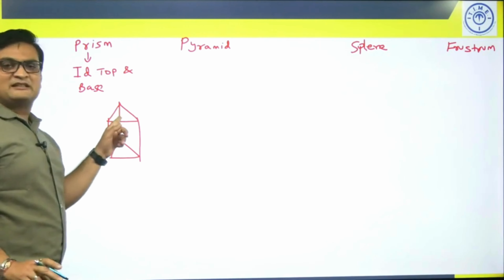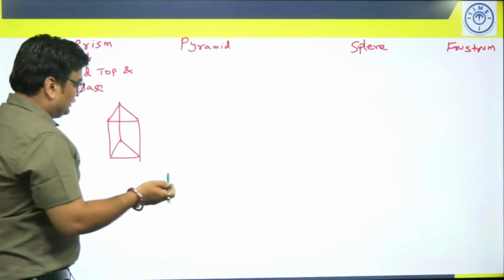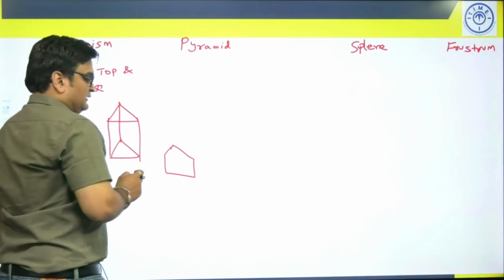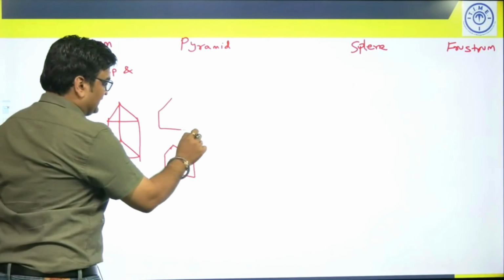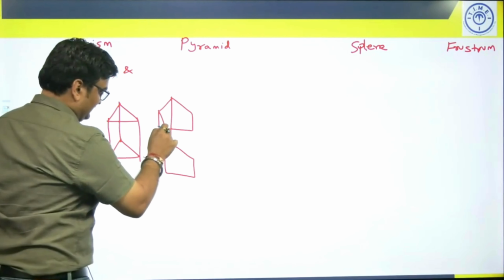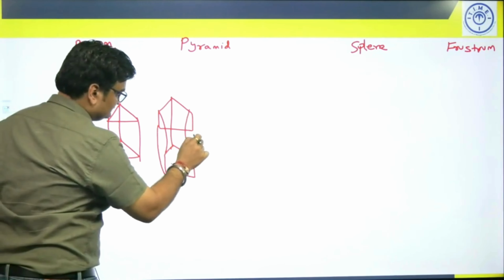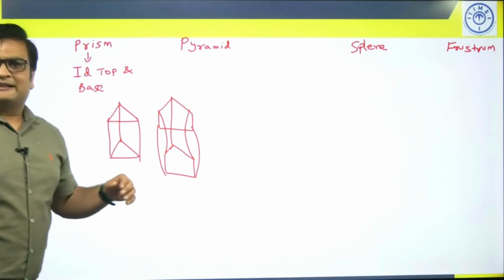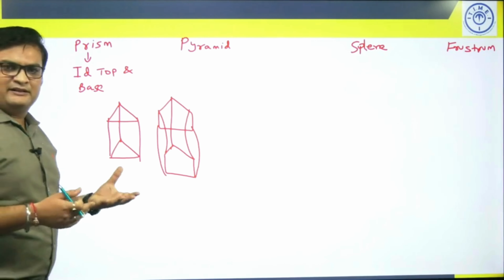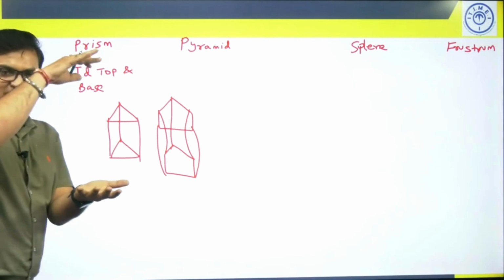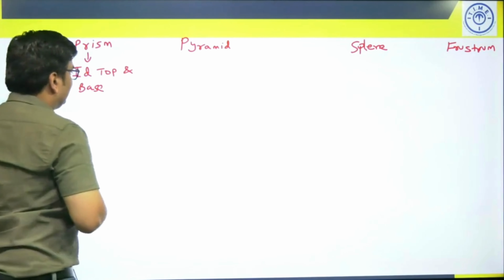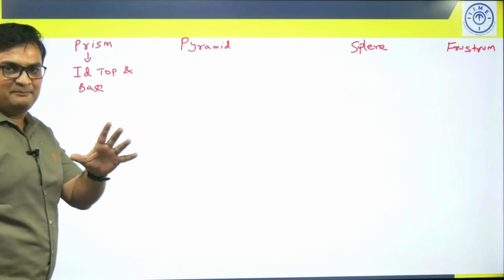Or if I take the base as a pentagon, the top will also be an identical pentagon. Again you connect the corresponding vertices and you get a rough diagram like this. This is also a prism, with a pentagon base. The base could also be a square, and the top could also be a square. That way, any solid which has an identical top and base, we call a prism.